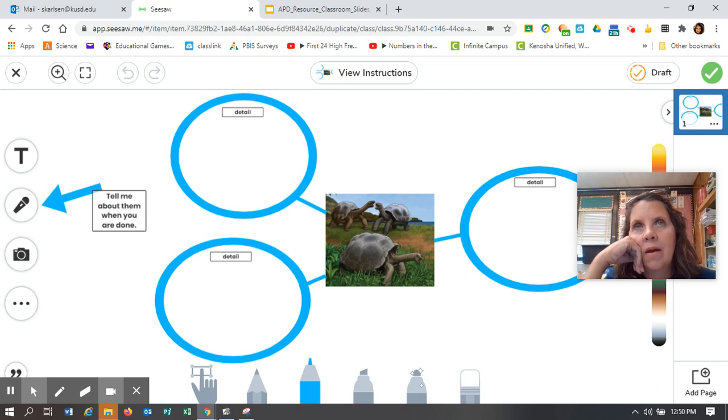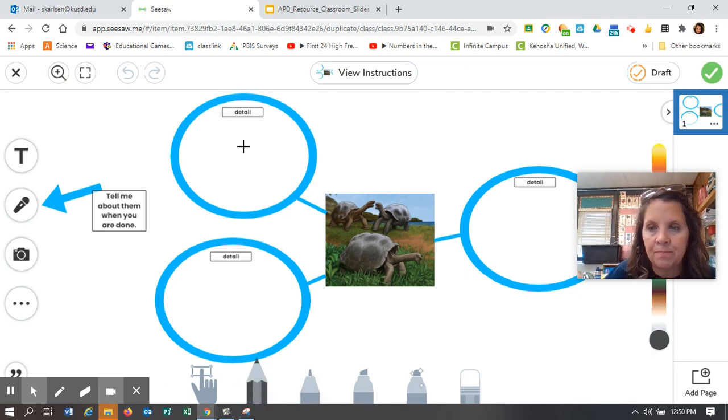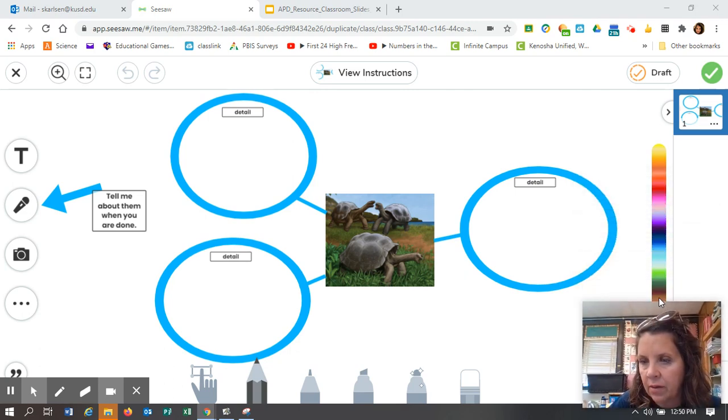Let me think back. Okay, I remember it had a beaky nose. So I'm going to draw the beaky nose. I'm going to try my best to use an accurate color. It was kind of like brown. Okay. And I had like an eye right here. Okay.